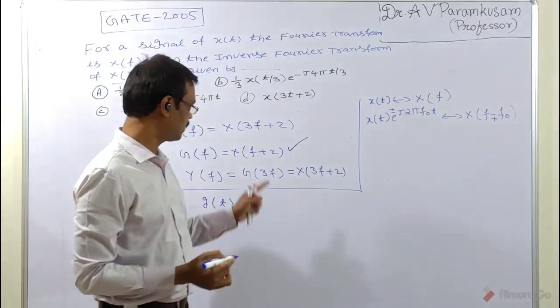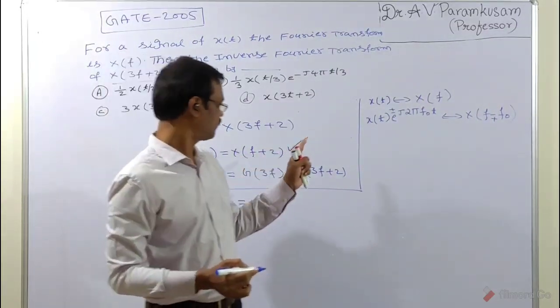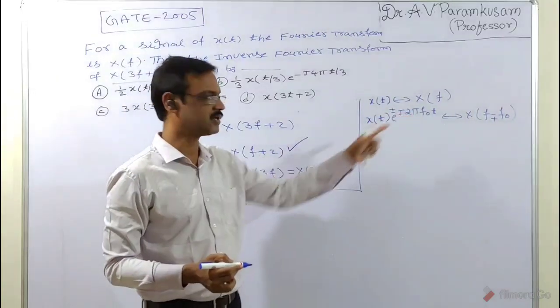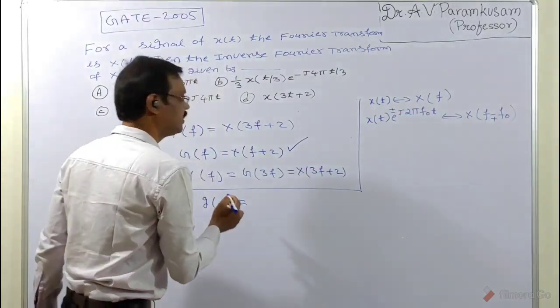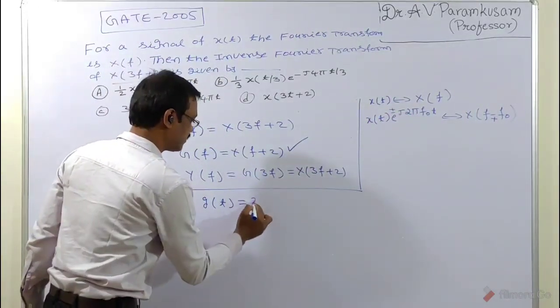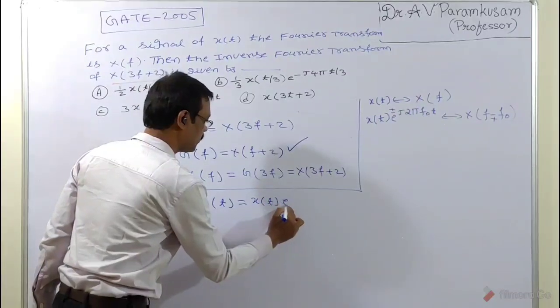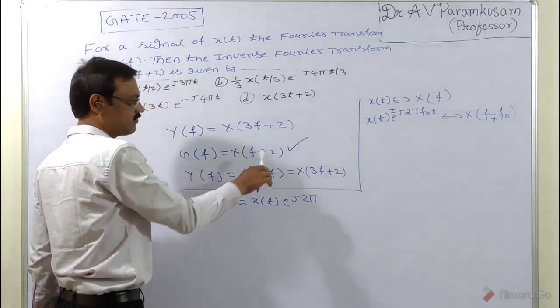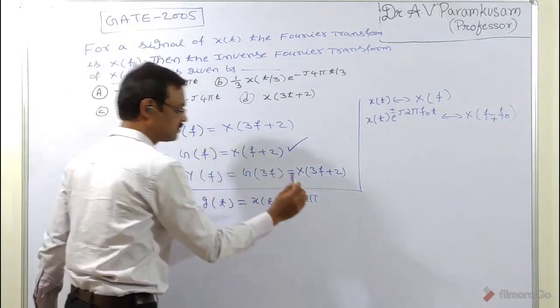Okay. See here, the inverse Fourier transform of x of f plus 2 from that expression can be obtained very simply. That is x of t into e power j 2 pi f naught t. What is f naught here? F naught is equal to 2.